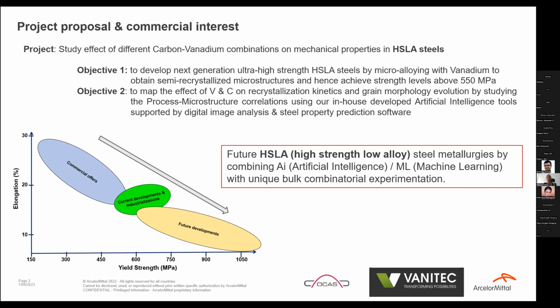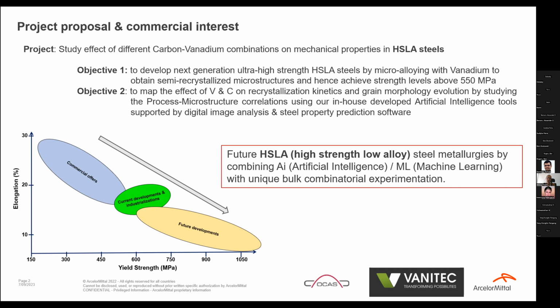So specifically with the vanadium, we plan on targeting a semi-recrystallized microstructure and in that way achieving higher strength levels, specifically above 550 MPa. Besides this product development, we also want to gain more knowledge and understanding of how the vanadium and the precipitation of vanadium during annealing after cold rolling affects the final properties of these steels.